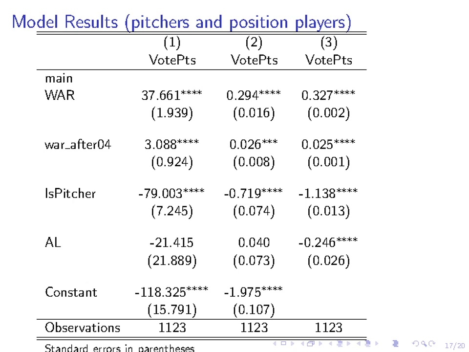And so what we find is that for each additional unit of WAR over the data period, a player expects additional vote points, namely 37.66. So that's the equivalent value of two additional first place votes and an additional second place vote out of the 30 ballots, or you can slice it up in a number of ways. But it's significant and substantial.